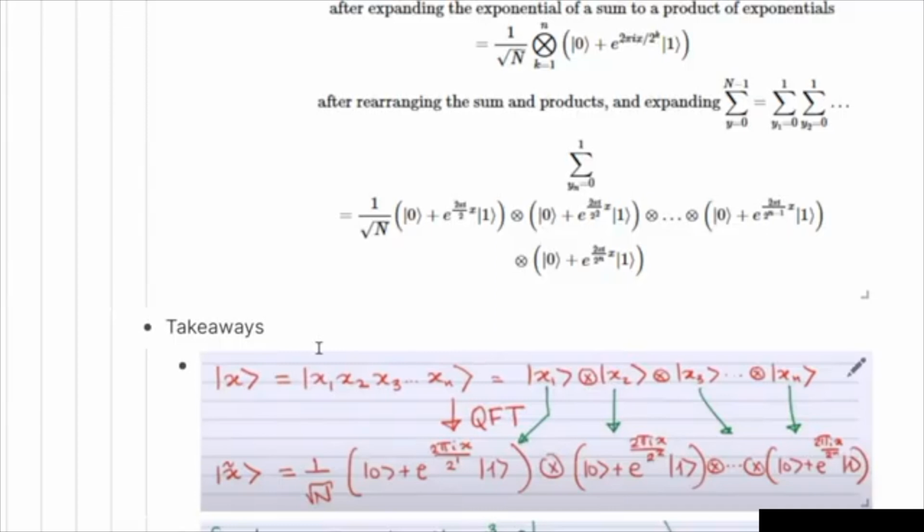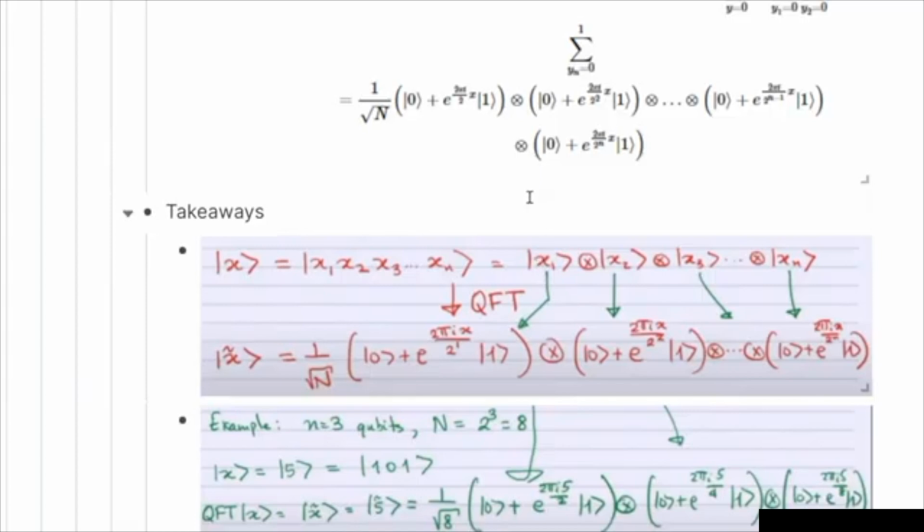I'll explain how. If you have an input x which is x1 to xn, it could be represented as x1 tensor product with x2 tensor product with x3. What this means is, when we have the Fourier transform of x and this whole expression over here, we can see each individual bit being transformed separately on its own.